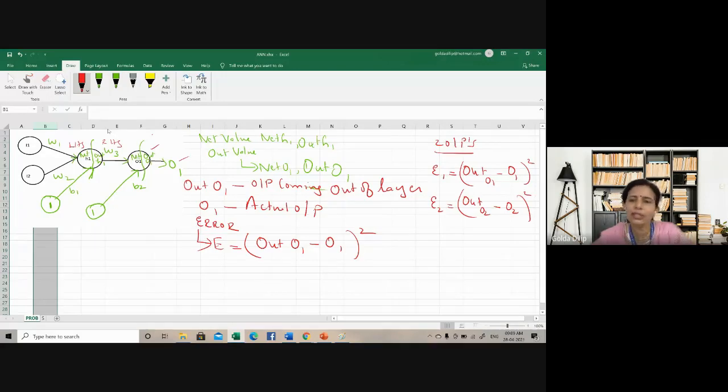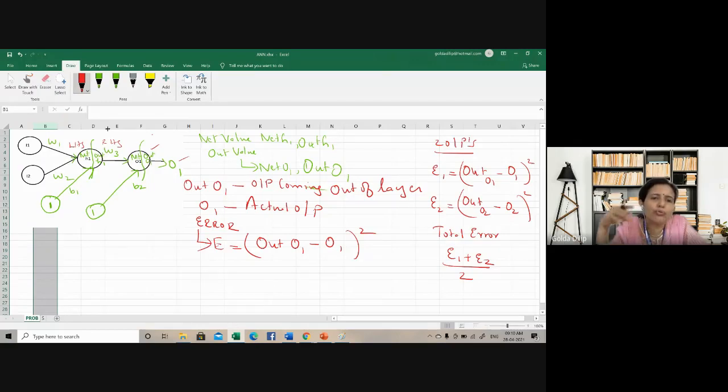After that, you will calculate the total error as the average of these two, that is E1 plus E2 by 2. So that's what we call mean square error. When you have many nodes, it will be the mean of the sum of squared errors. So that's regarding the architecture.